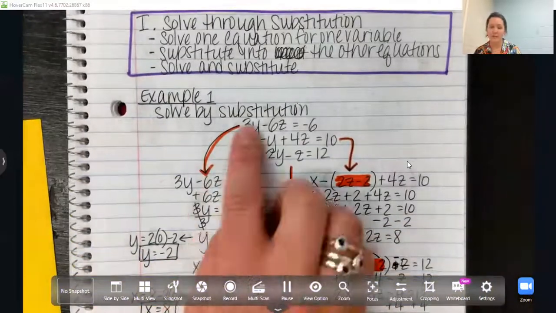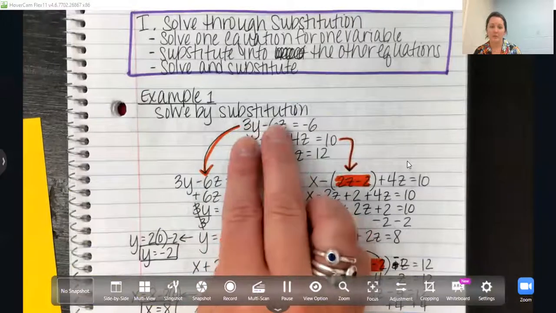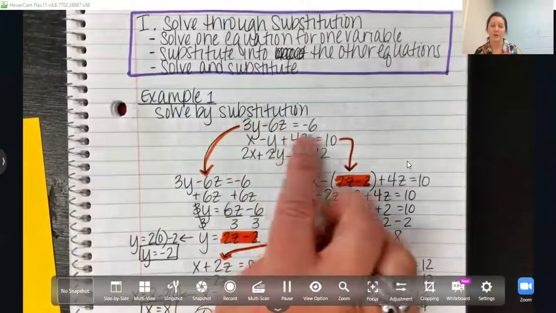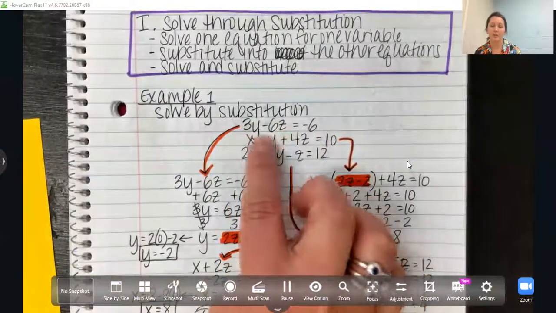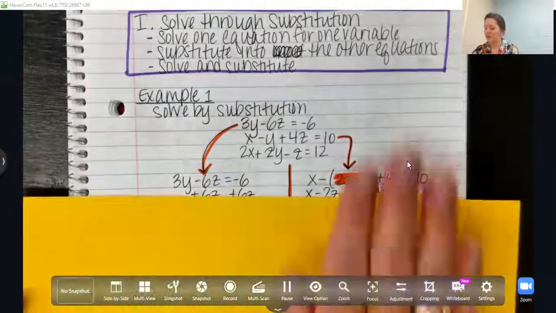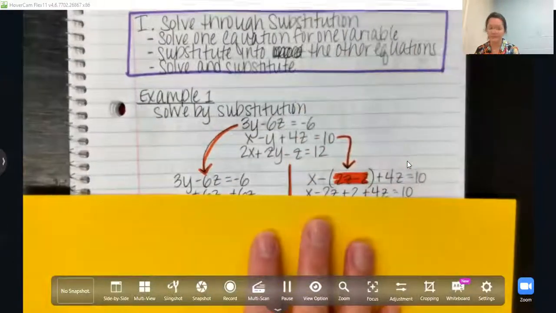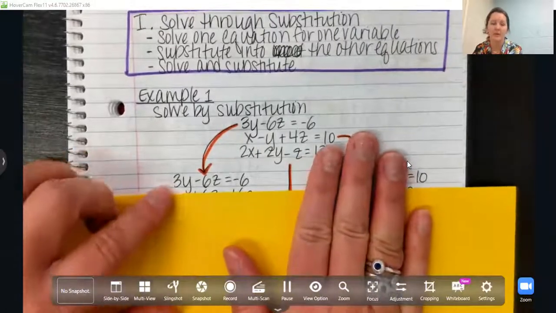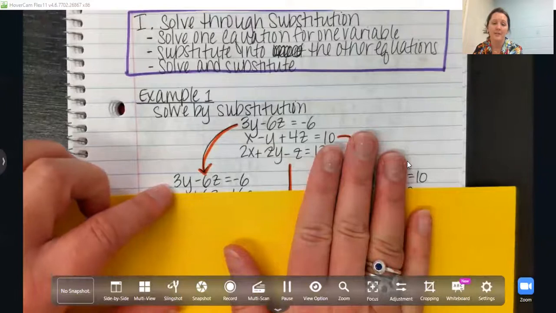I usually want to find something with a coefficient of 1, but in this case, since one of my equations only has two variables, I'm going to use that one. So we're going to take this equation here, and I'll cover the rest up so it doesn't distract us. So we have 3y minus 6z equals -6.